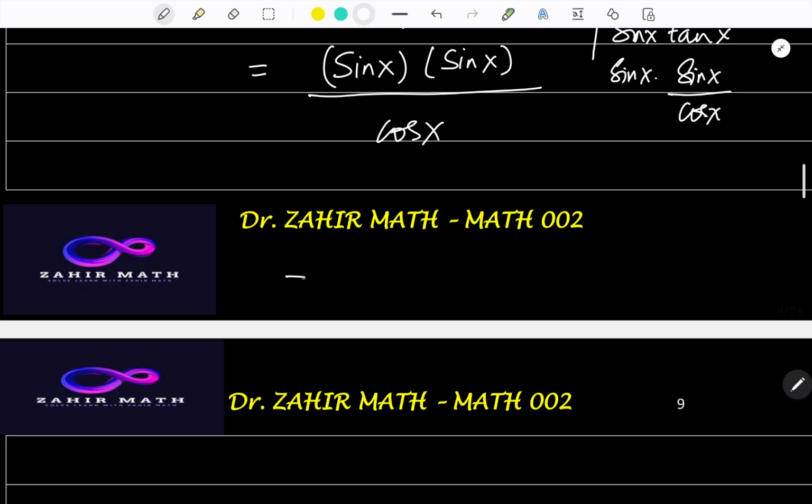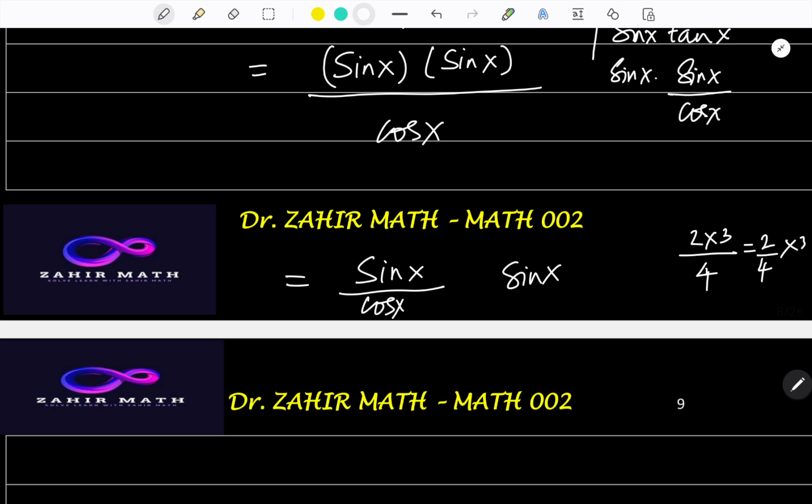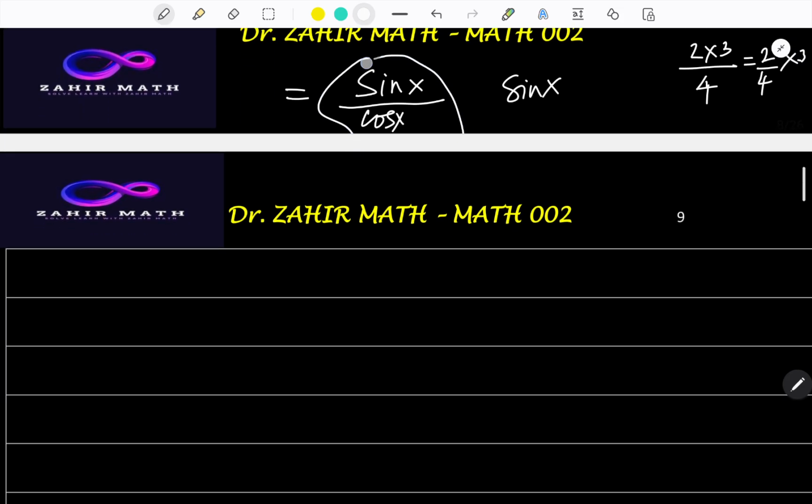After that, I write it as sine x over cosine x and then sine x. We can write 2 times 3 divided by 4, for example, as 2 by 4 and then times 3. So sine x by cosine x is tan x times sine x.